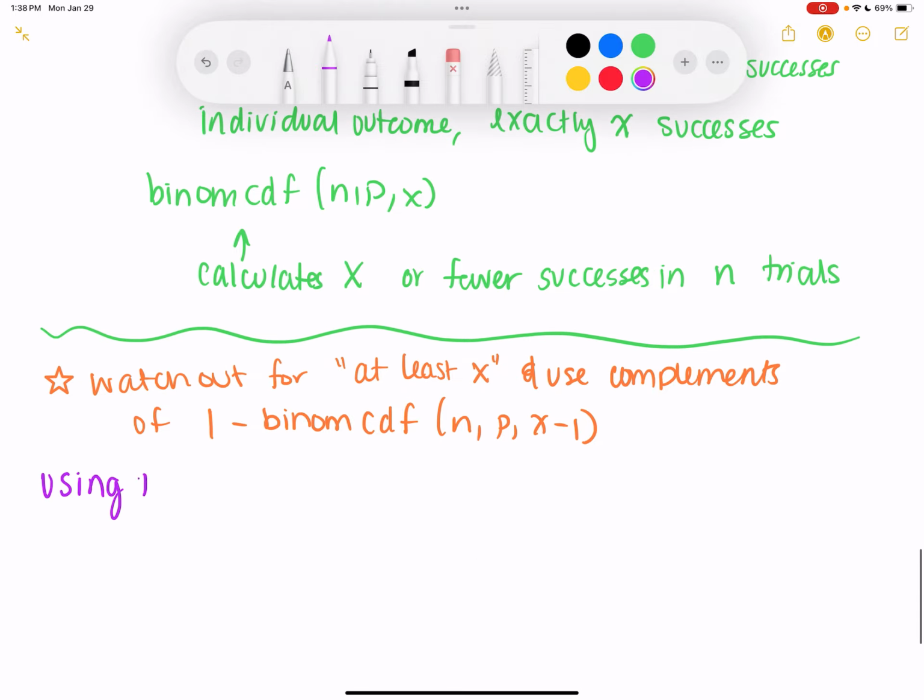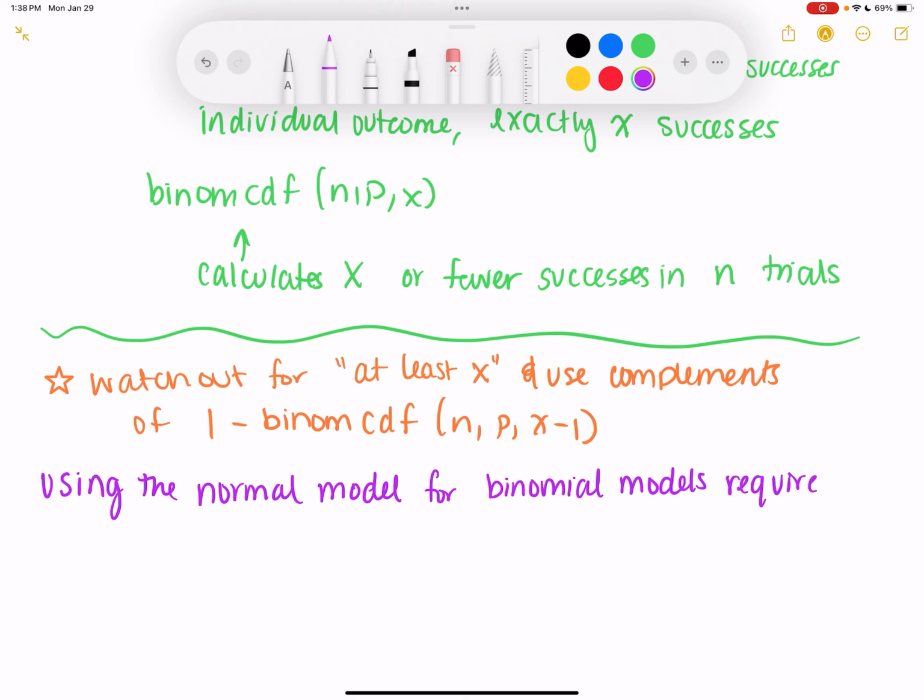Using the normal model for binomial models requires checking the success failure condition.